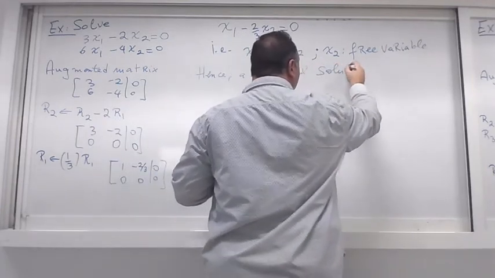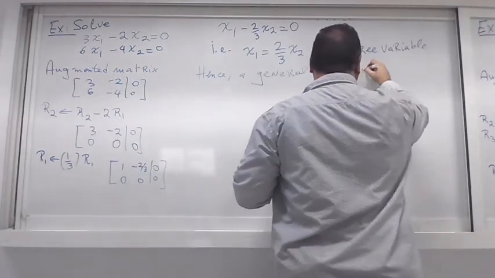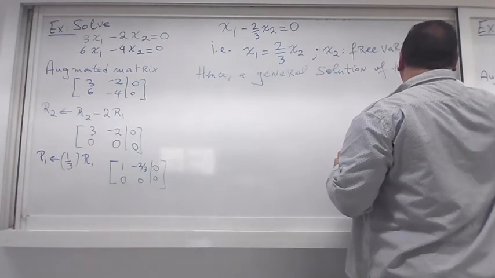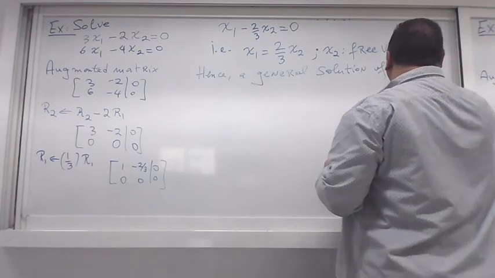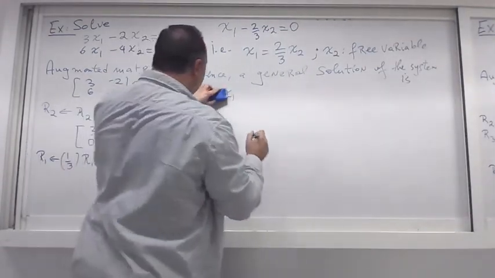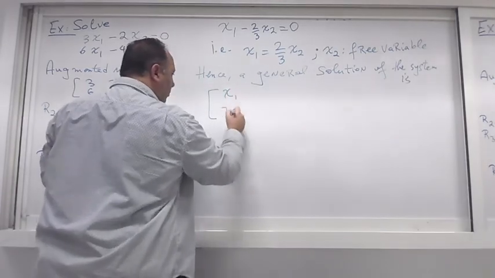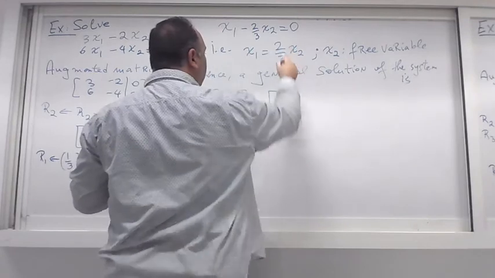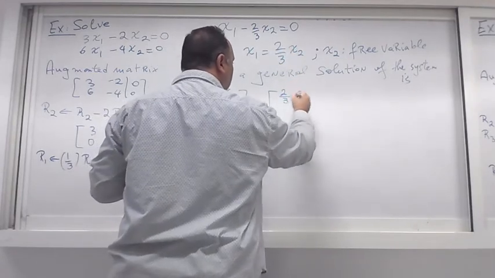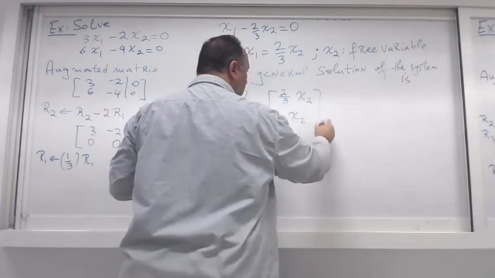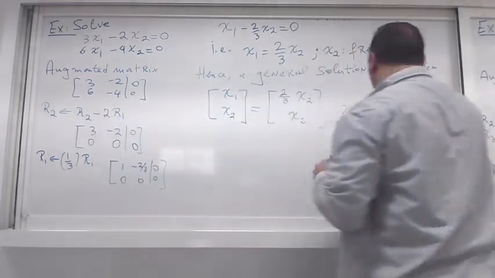So a general solution of our system is, so the solution is about x1 and x2. So x1 is given by this expression, 2 over 3 x2, and x2 is still x2, nothing changed, and we say x2 is a free variable.